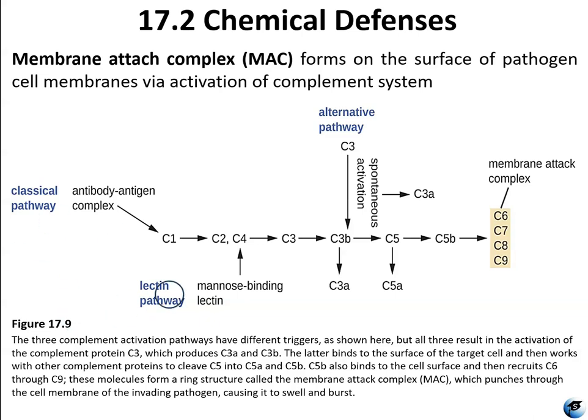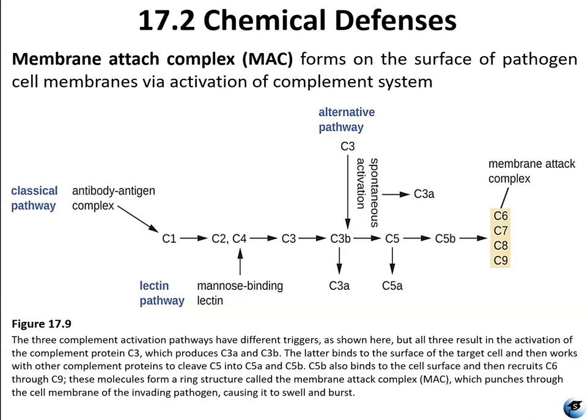Here is the beginning of the lectin pathway. This is when a mannose binding lectin opsonizes the microbe, and then from there the pathway is virtually identical to the other classic cascades.